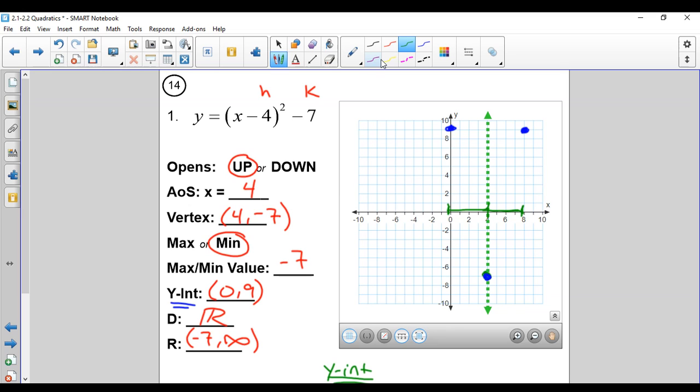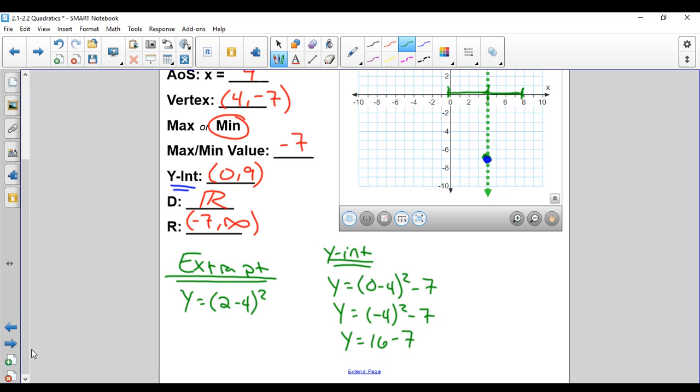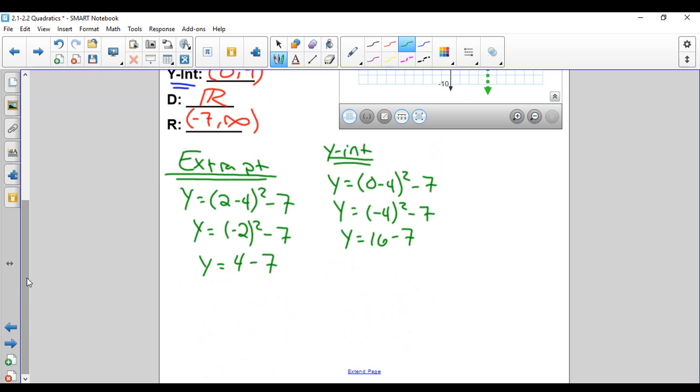So I'm going to pick 2. I'm going to plug 2 into my function for our extra point, just like I did with 0. 2 minus 4 is -2. -2 squared is 4. 4 minus 7 is -3.